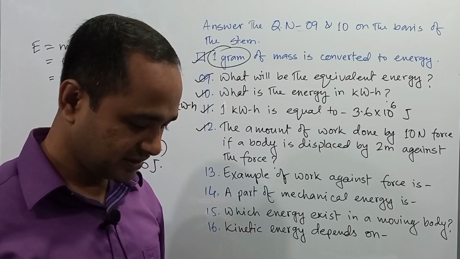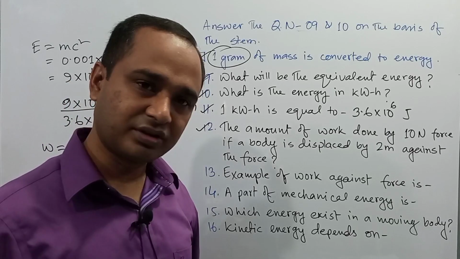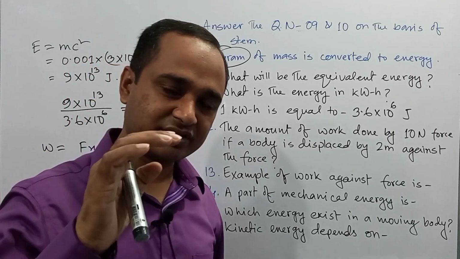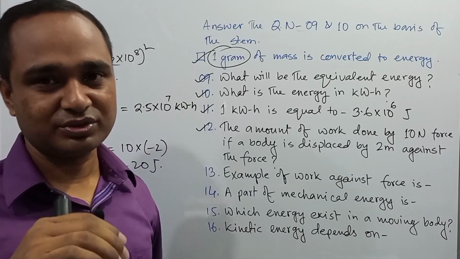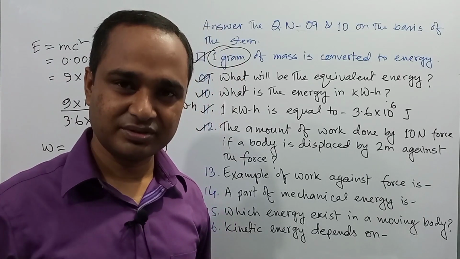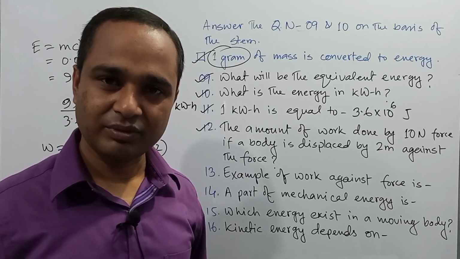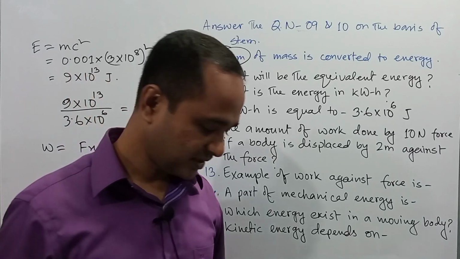So dear student, among the options we can say climbing on a horse. If you climb on a horse, then you need to displace your body against the gravitational force. So this is the example of negative work or work against the force.